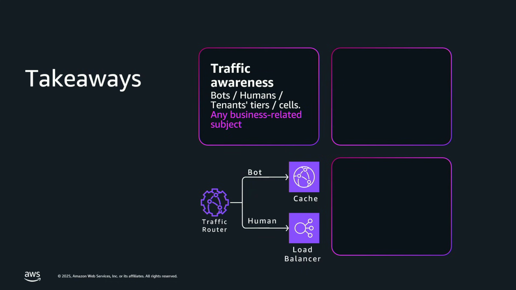It can be different tenant tiers, like premium or freemium. It can even be geography, like if you want to route traffic from the EU to an EU region, you can do it using CloudFront. So rethink within your engineering team and your product team what kind of different metadata is related to your business. We showcased bots, but this literally can be anything else.